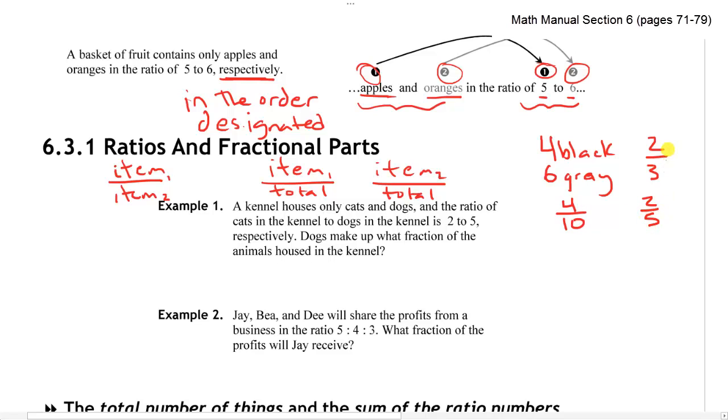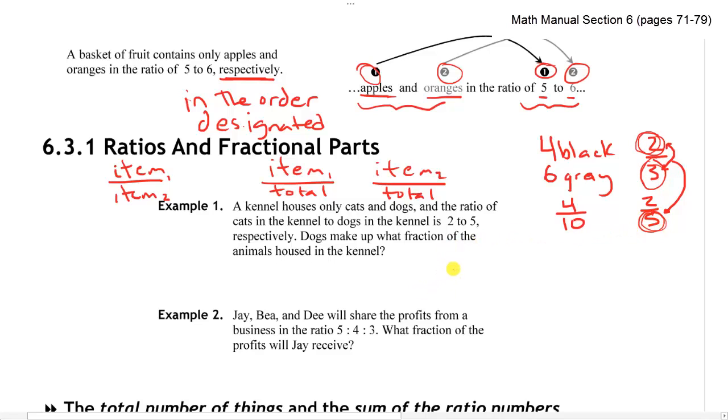Now notice that this 5 in the denominator is actually the sum of the ratio numbers, the 2 and the 3. If we add the black and gray marbles from our ratio, we actually get the total that we need in our fractional part fraction. So a lot of these questions will actually revolve around that idea of adding your ratio numbers to get your total in your fractional part.